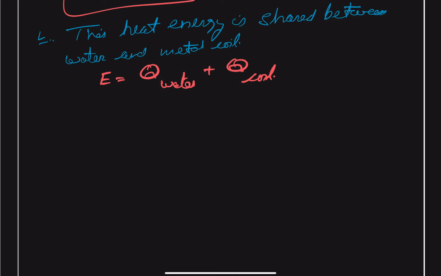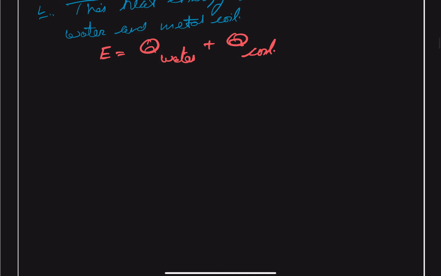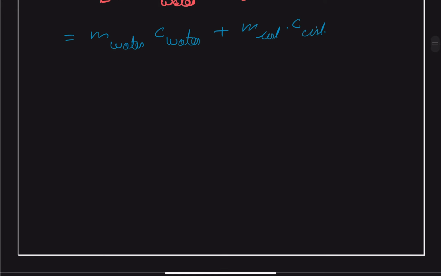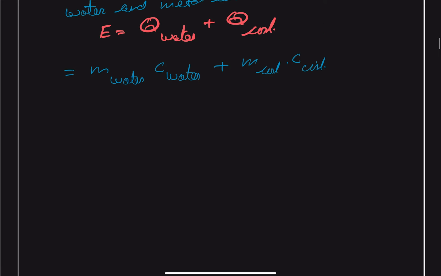And we can write the formula as mass of water and its specific heat plus mass of coil and its specific heat. All the things are given to us, and multiply by change in temperature.